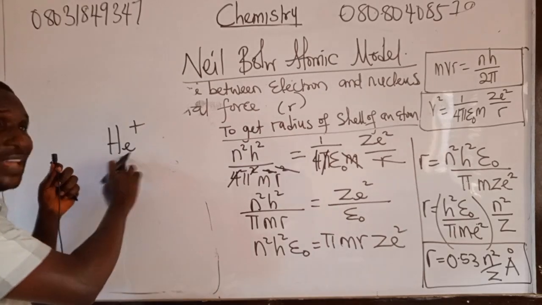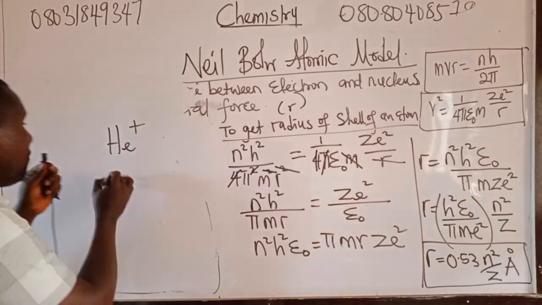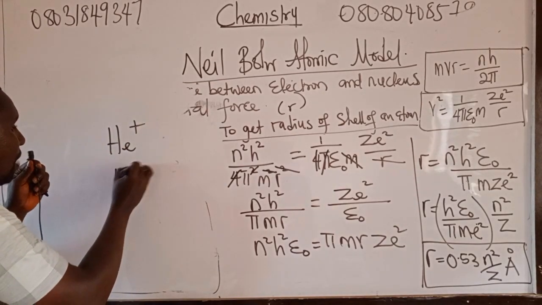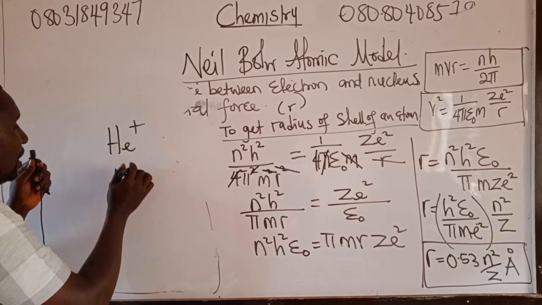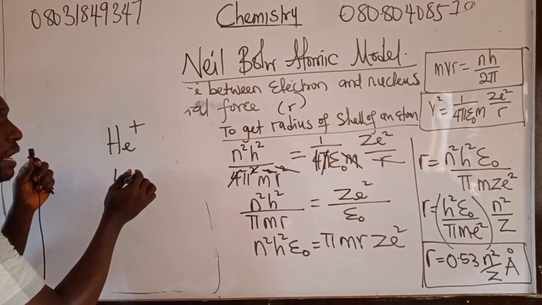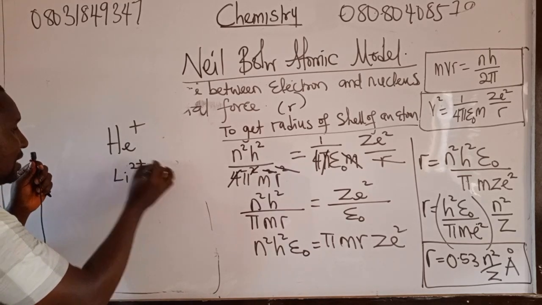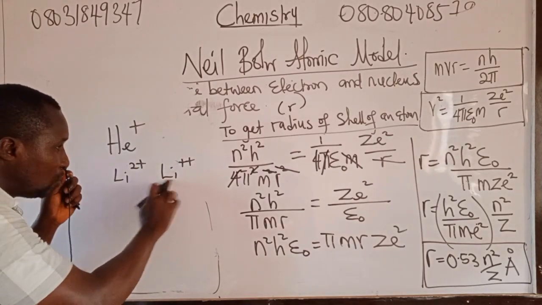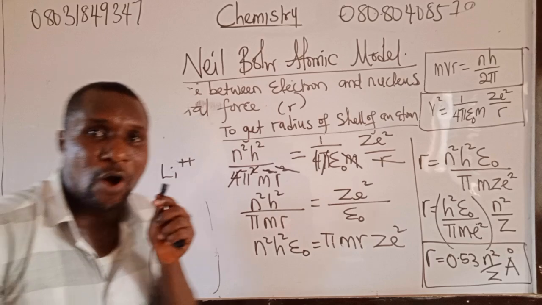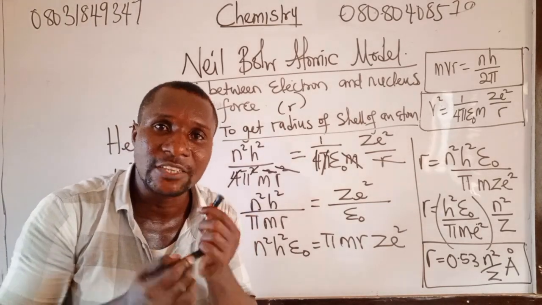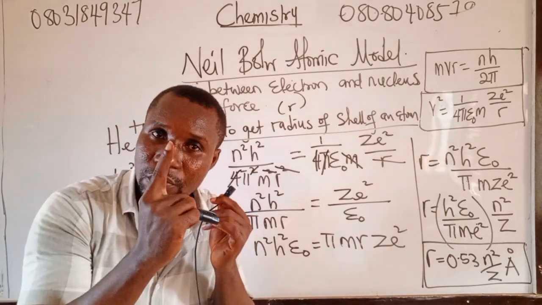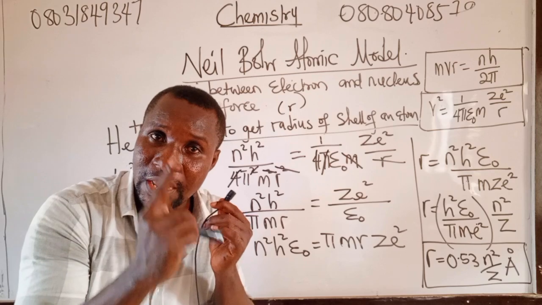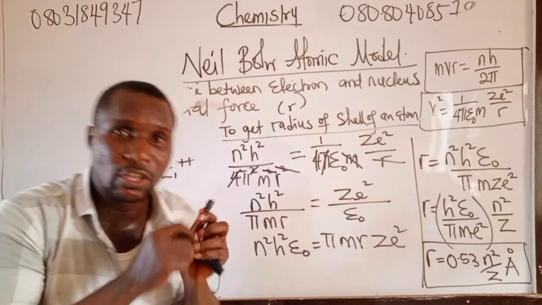Yes, the number of electrons in the helium ion is 1. If you have lithium 2+, it is applicable because there is 1 electron here. Bohr is applicable for an atom with 1 electron. Take note of that.